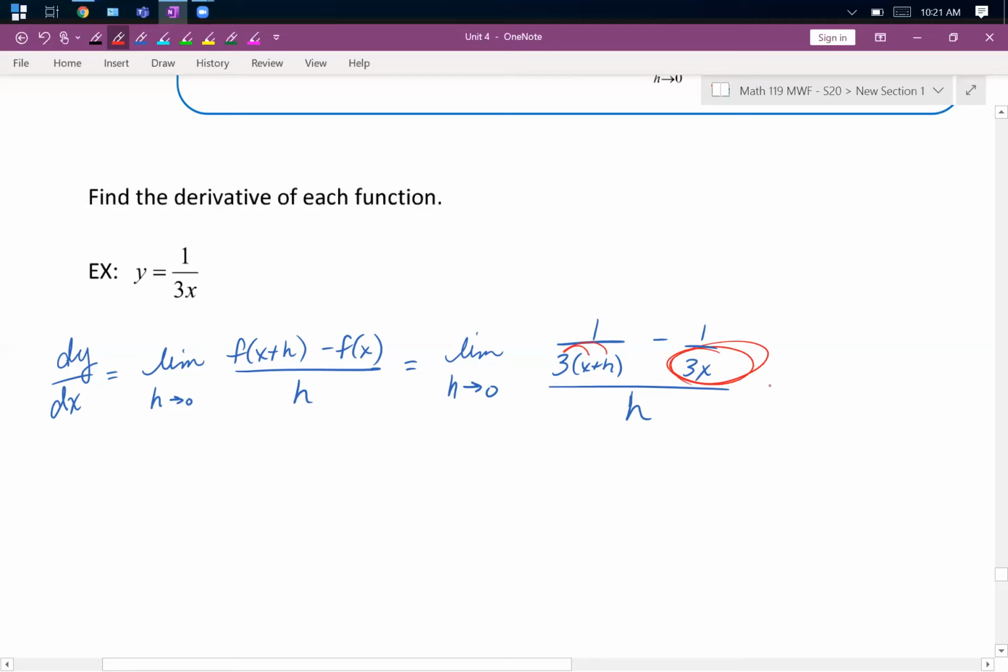That denominator over there is 3 times x. Would that be both of those denominators multiplied together? So we could just do 3 times x plus h times 3x, but that's not going to be the LCD. Because they both have a 3, we don't need to make it 9. Right, okay. Our LCD is going to be 3x times x plus h. Everybody okay with that LCD?